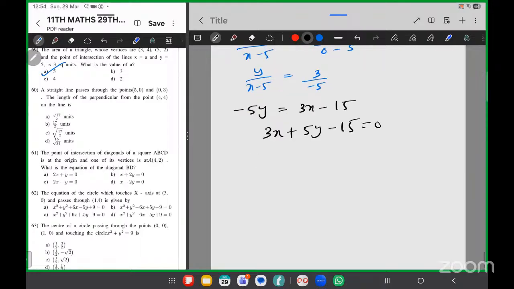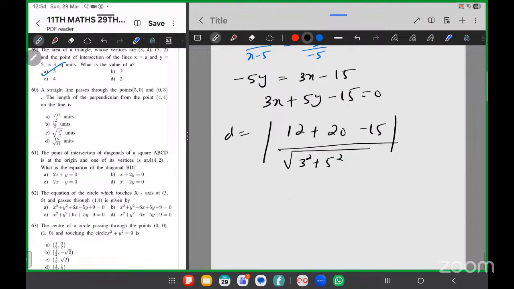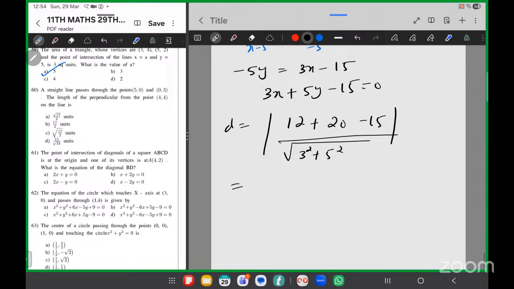So distance of the point: 3 into 4, 12, plus 5 into 4, 20, minus 15, divided by root of 3 square plus 5 square. 12 plus 20, 32. 32 minus 15 become 17, divided by root 34.